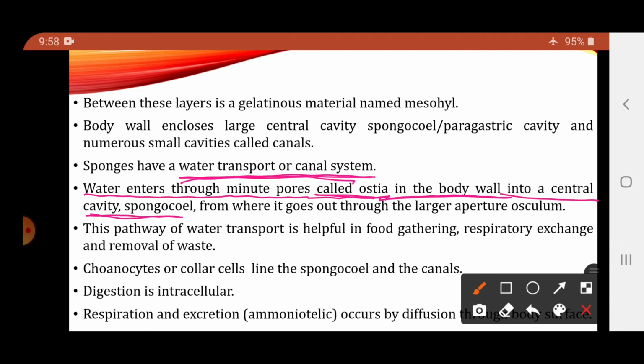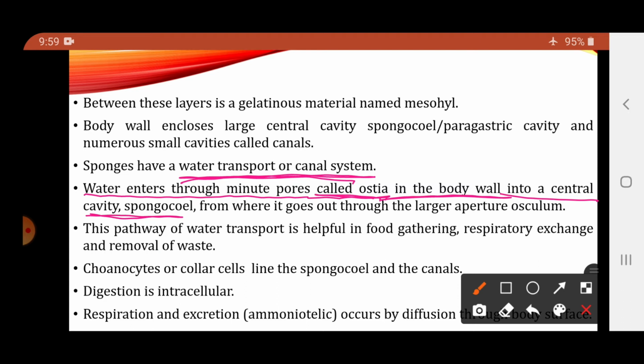So listen very carefully, their body wall is the outer part of the animal. The body wall consists of many minute pores, and these pores are called ostia. Through these ostia water will enter, and where will that water go? The water will go into a large central cavity. Internally the sponges contain a large cavity, I told you.